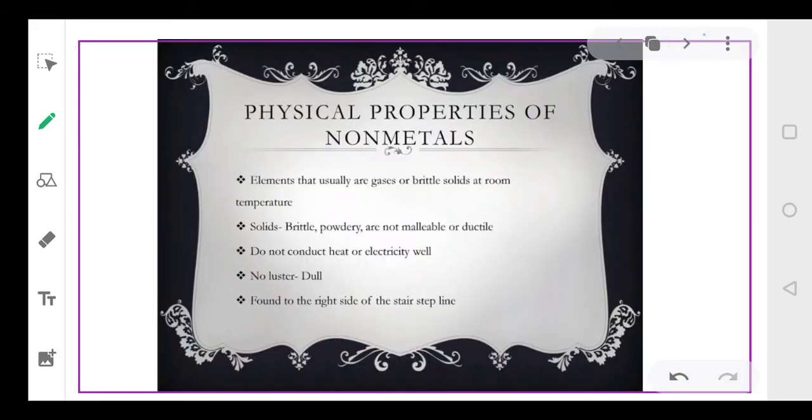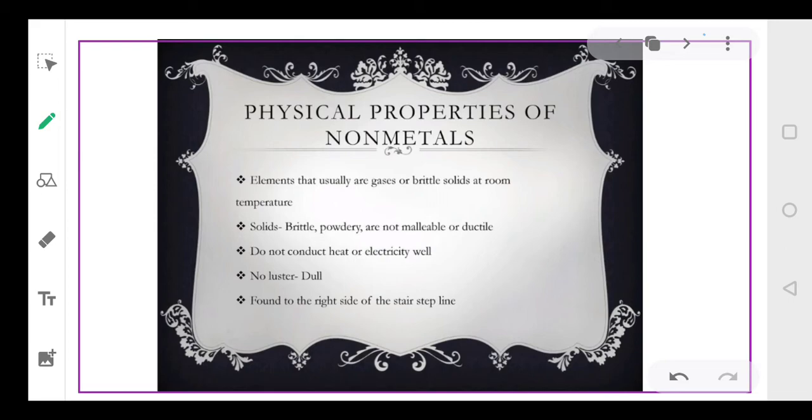Now let's talk about a few properties of non-metals as well. See, non-metals exist as solids as well as gases, except one, that is bromine, which exists as a liquid. So except bromine, all other non-metals exist as gases or solids at room temperature.